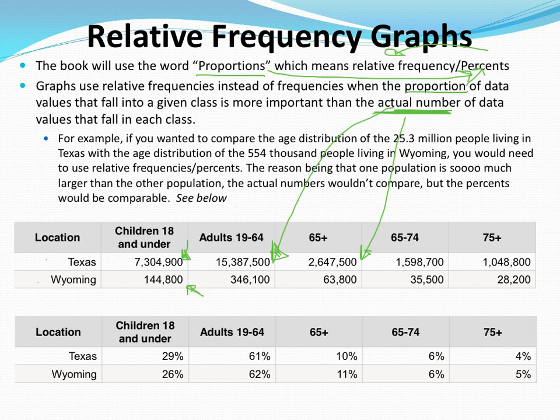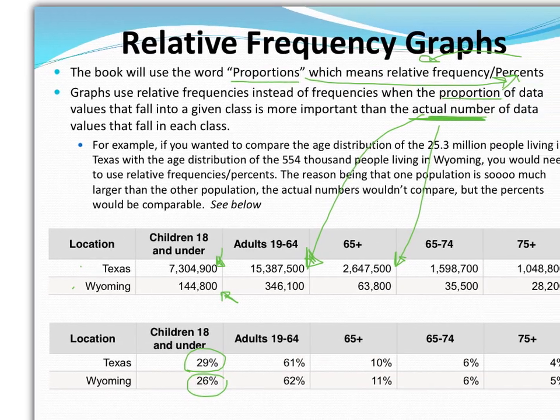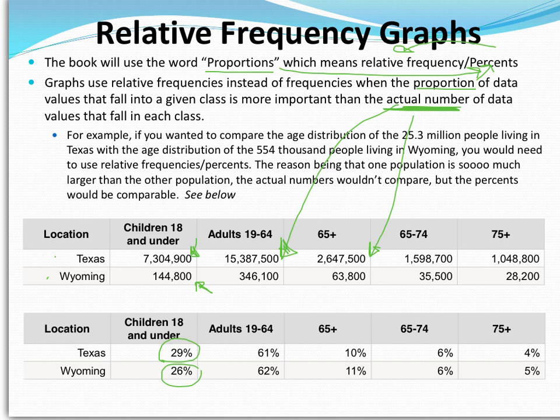So right now, it seems like Texas is way more populated with kids under the age of 18. But in actual reality, it is only 29% of children 18 and under versus 26%. This is the reason why graphs will use relative frequencies, which represent percents, instead of the actual numbers. So this is the reason why.